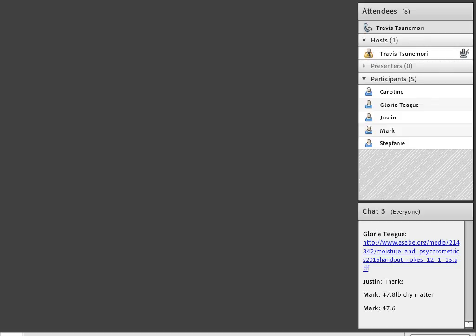So now we need to find out how much water is in a bushel when it's at 23% moisture content.